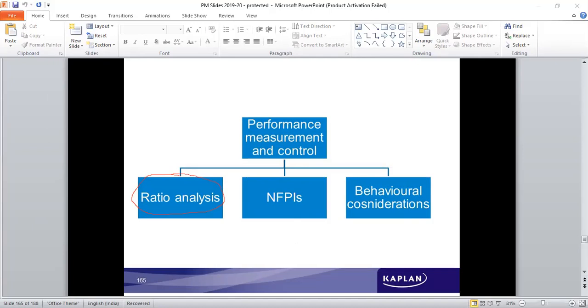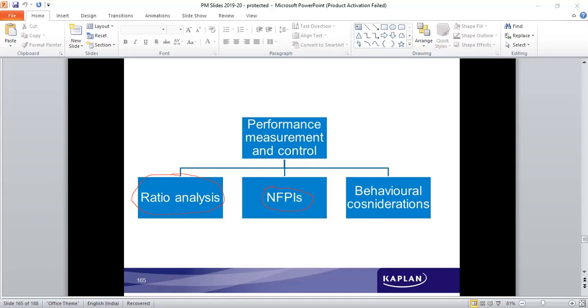Apart from ratio analysis, we also see PIs, performance indicators. Ratio analysis basically talks about the financial aspects. From the financial statements, whatever data and information is available is taken and some insights are drawn.